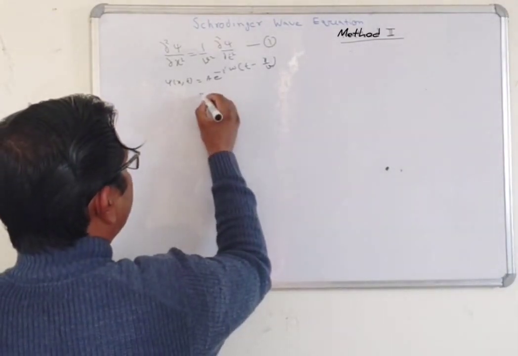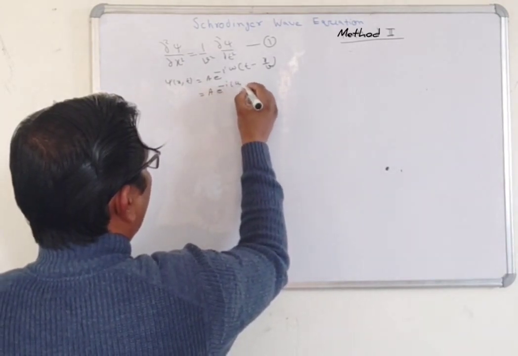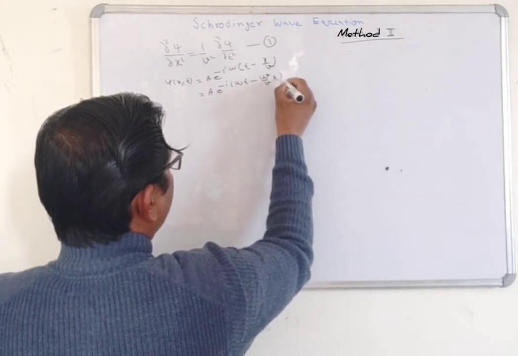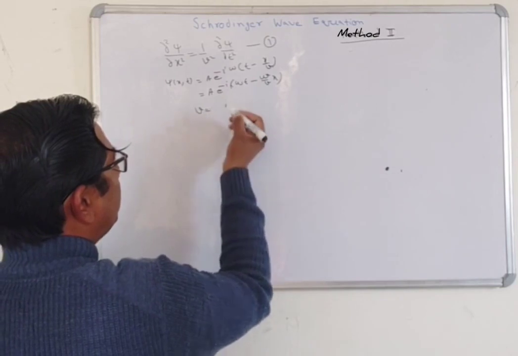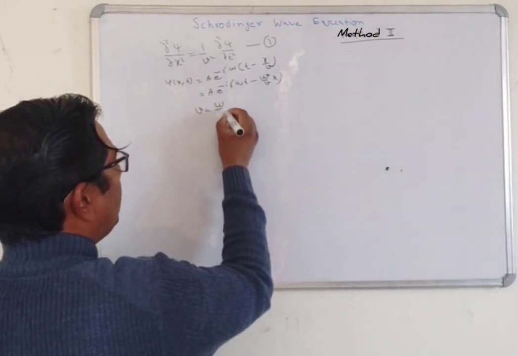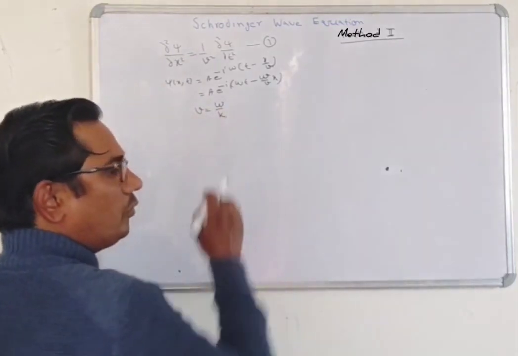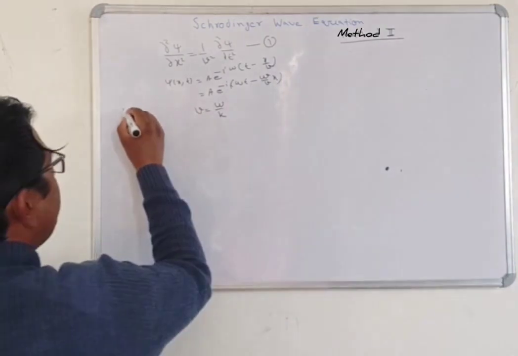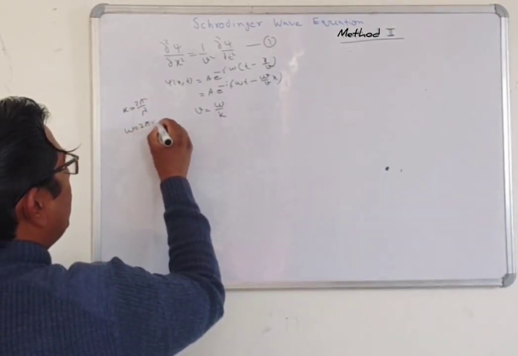Now we can write this as A e to the power minus i (omega t minus omega by v x). All of you know that the velocity of the wave can be represented by omega by k, where omega is the angular frequency and k is the wave vector, and the value of k is 2 pi by lambda and omega is 2 pi by the time period.